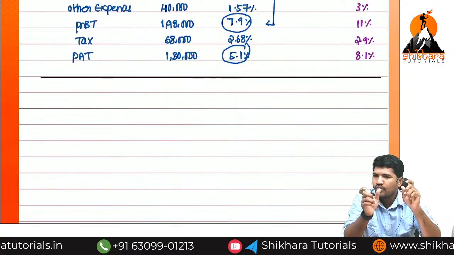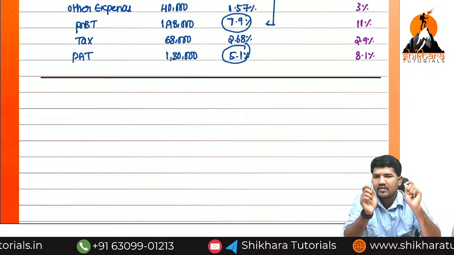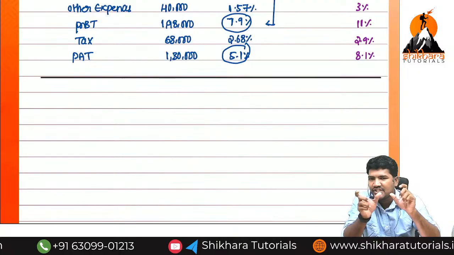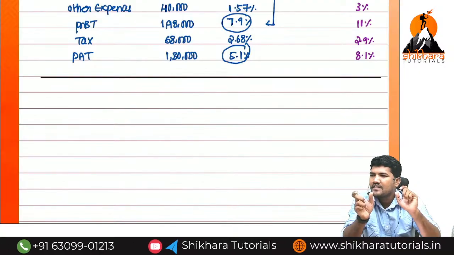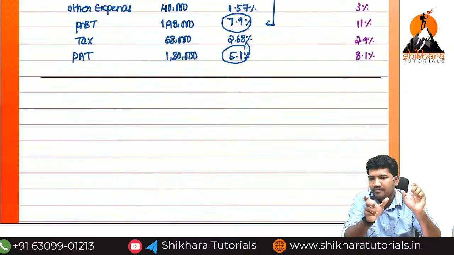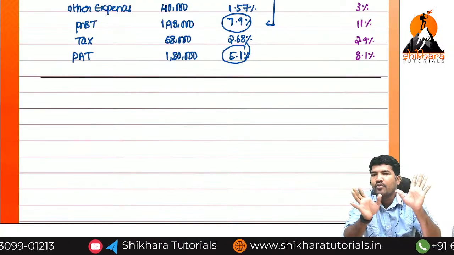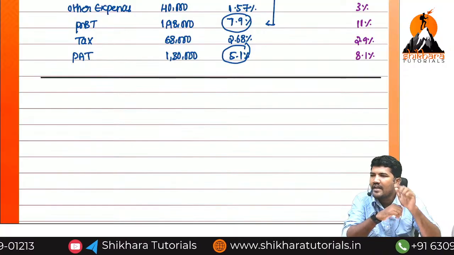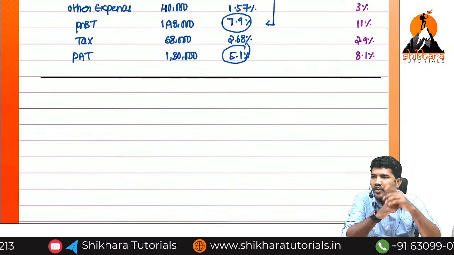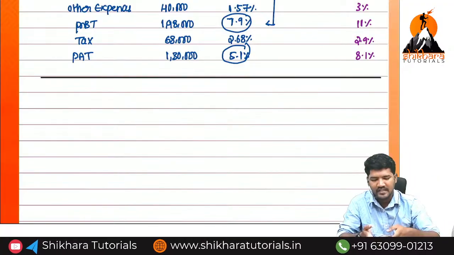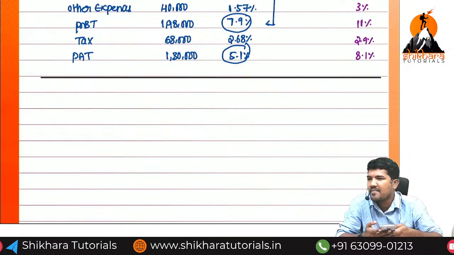Guys, clear? This is a clue. When you are doing a comparison of a change, the difference rule is new minus old. Percentage of difference is new minus old divided by old into 100. Current year is the new, previous year is the old. Guys, clear? That's about comparative statement analysis.